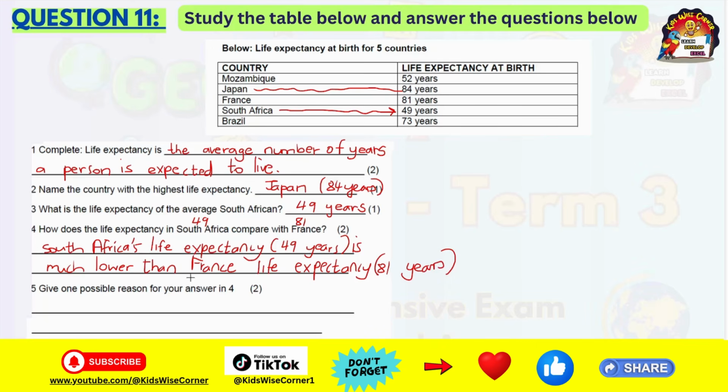Give one possible reason for your answer in 4. It could have been through South Africa's struggles with diseases.